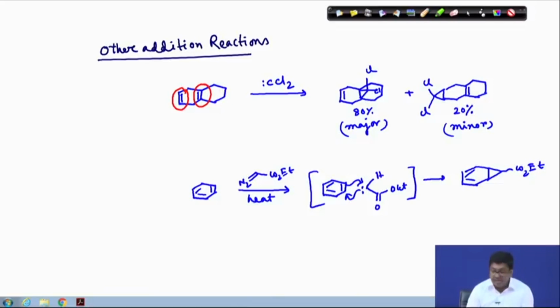Okay. Now, electrocyclic ring opening, this is one type of pericyclic reaction. Okay. The electrocyclic ring opening will give this 7-membered ring.